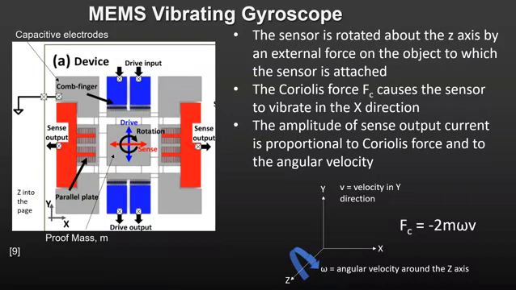The sensor is attached to an object that is rotating around the z-axis. The magnitude of the Coriolis acceleration is minus 2 omega v, where v is the linear velocity in the y direction and omega is the angular velocity of the structure around the z-axis. The Coriolis force is the proof mass times the acceleration, which is minus 2m omega v.